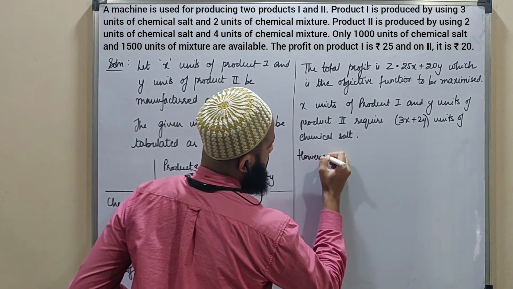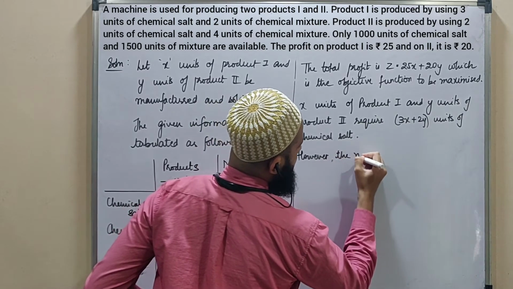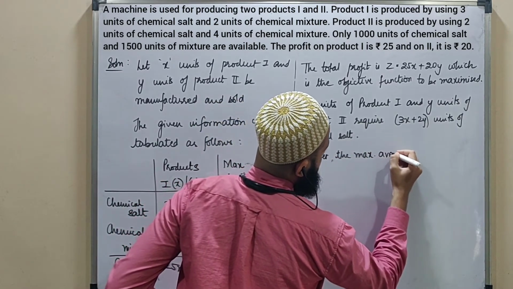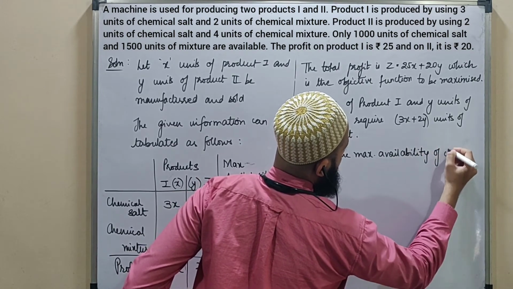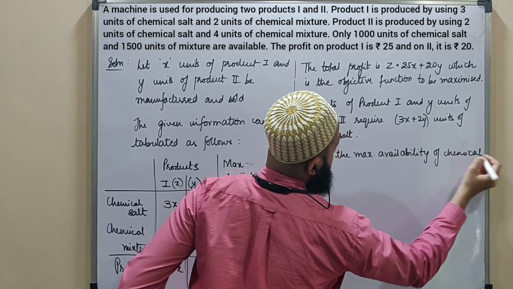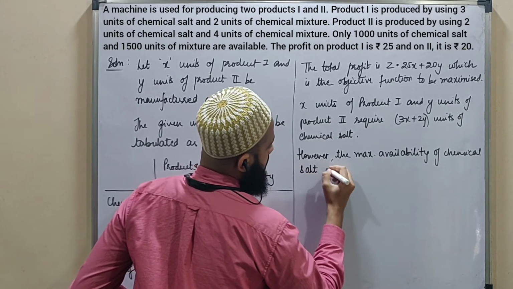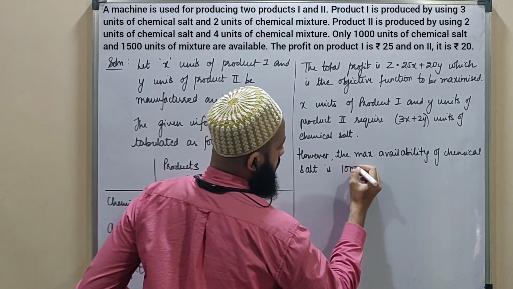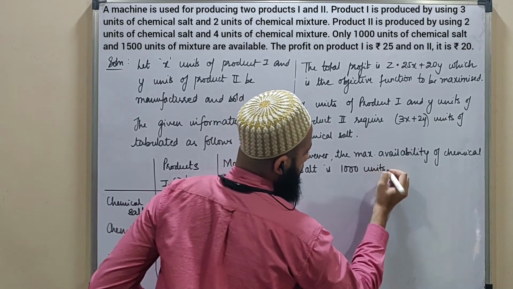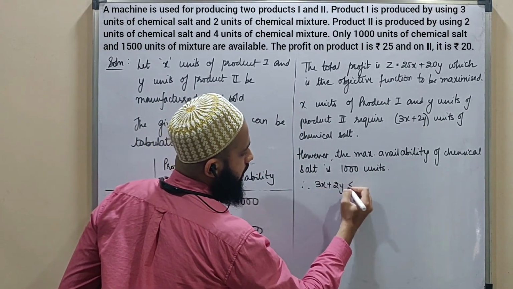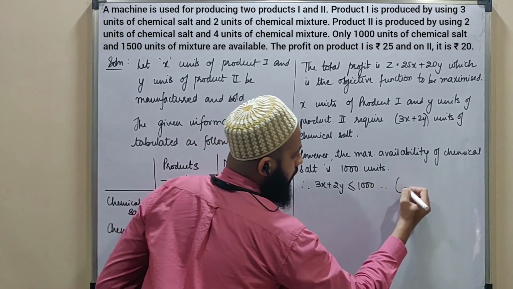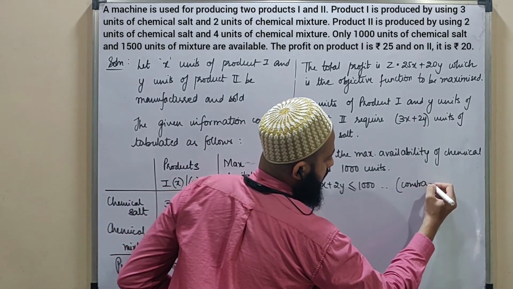However, the maximum availability of chemical salt is 1000 units. Therefore, your 3x plus 2y has to be less than equal to 1000. This is really important. Constraints on chemical salt.